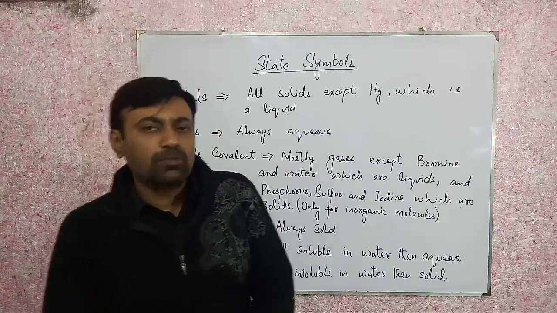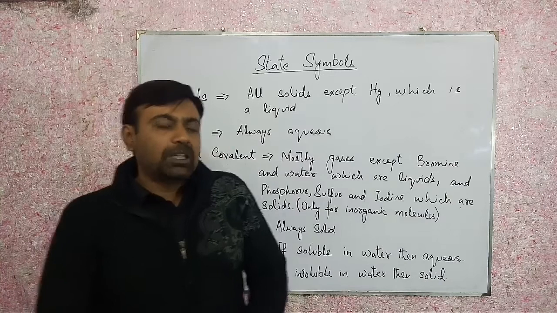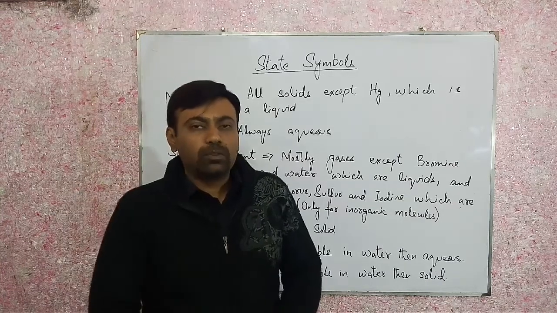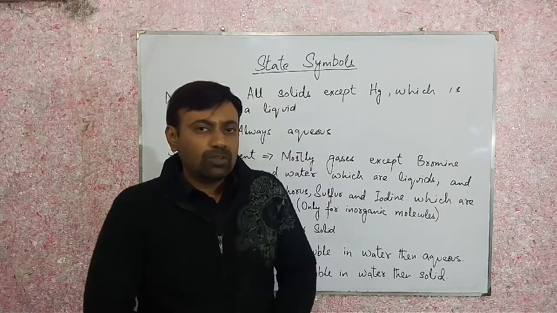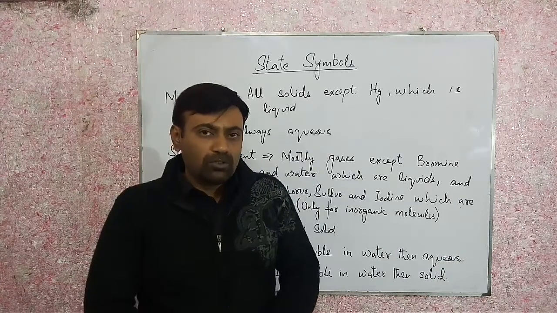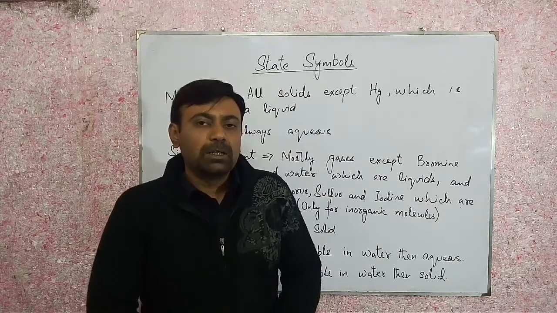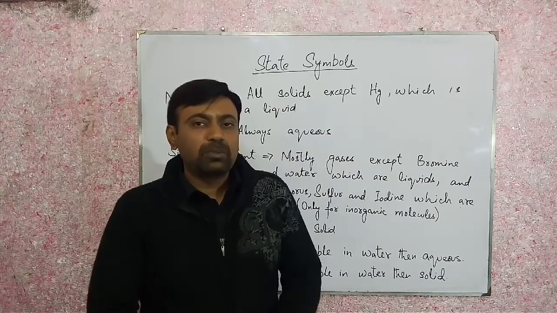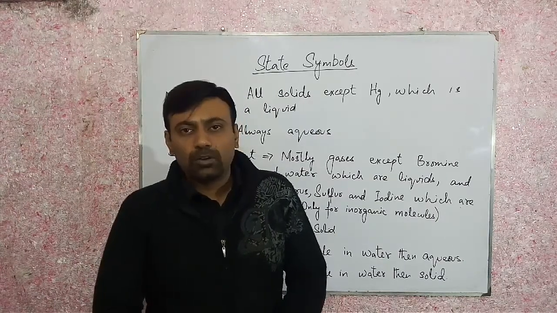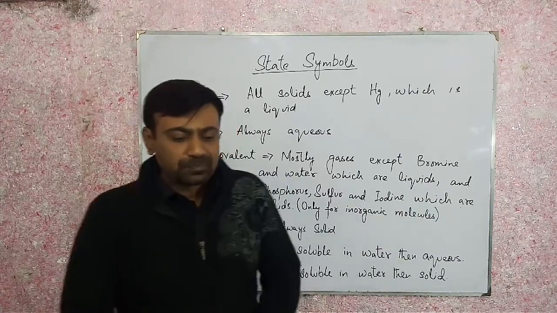This is because the rate of reaction is higher when the compound is in its aqueous form. So in most of the cases, not all but most of the cases, ionic compounds which are soluble in water would be labeled as aqueous, and they would be used in the aqueous form for the chemical reactions.